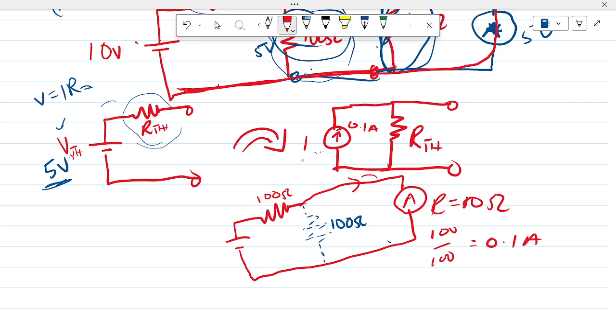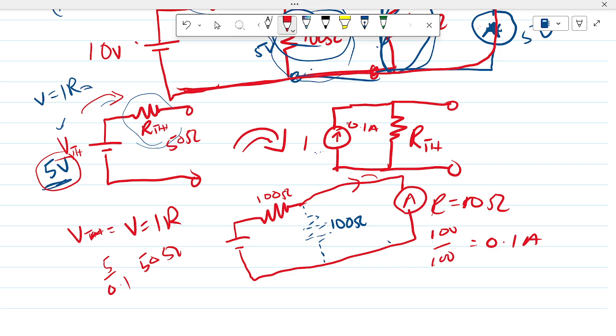Or we can use that together with the VTH to find our Thevenin resistance. VTH is equal to, V is equal to IR. Then we have 5 over 0.1, and that gives us 50 ohms. Okay, 50 ohms. So what we have is our 50 ohms here. Then we can put our 100 ohm resistance here. Do the calculation, and we expect to get the same answer by using the current divider rule.